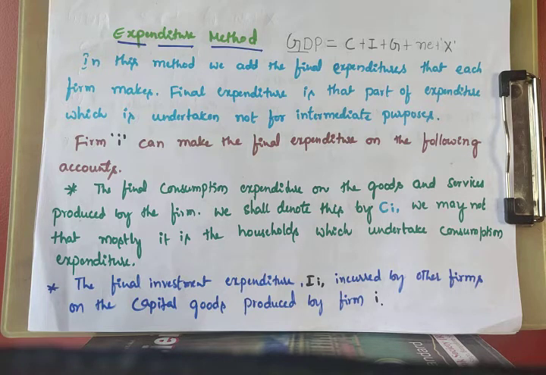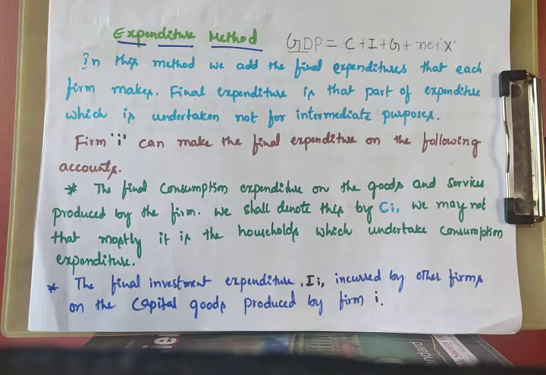In that situation, the 50 is considered an intermediate good for bakers, because bakers produced bread worth rupees 200 using the intermediate good, wheat worth rupees 50. But under this method, while calculating national income, we consider it a final expenditure done by the bakers and farmers. The farmers did a final expenditure of 50, but under the product method that was considered an intermediate good.